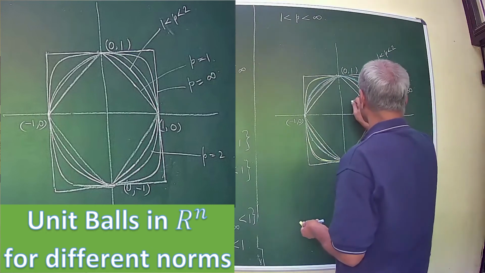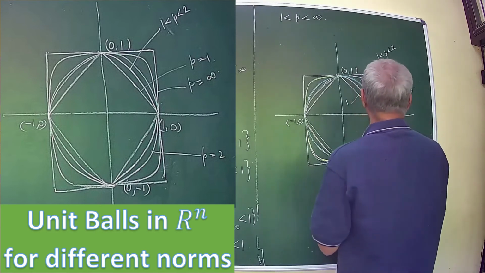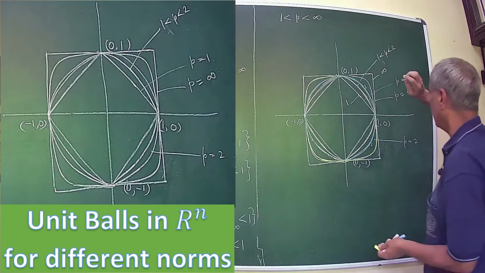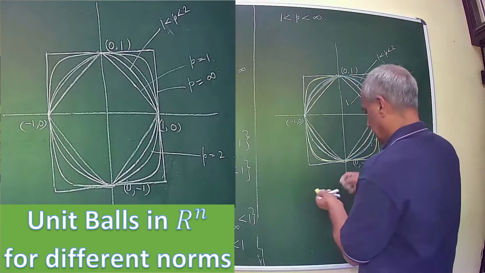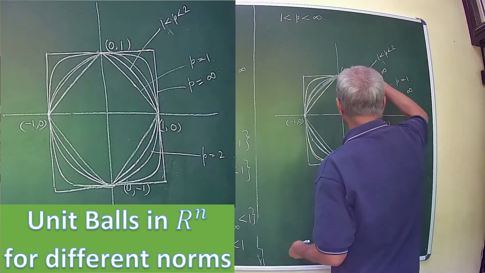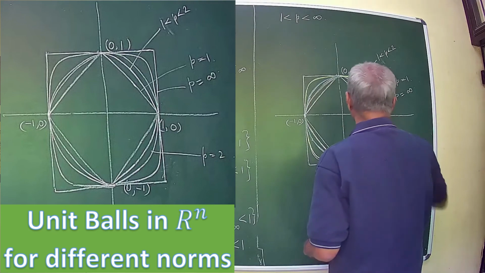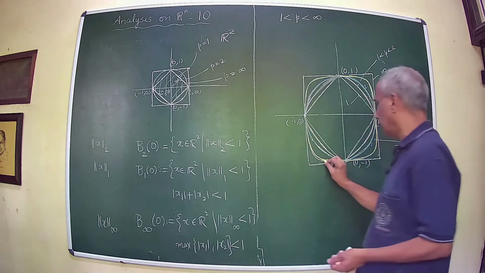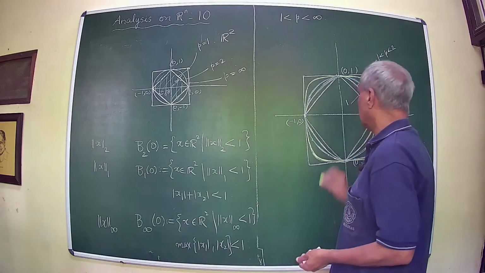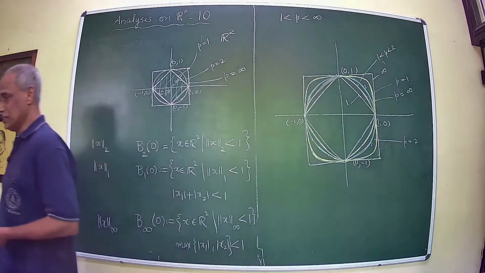This corresponds to 1. And this corresponds to the case 1 < p < infinity. And blue one is 2. Okay, so this is the shape of the unit ball in R2 when you use different p's.